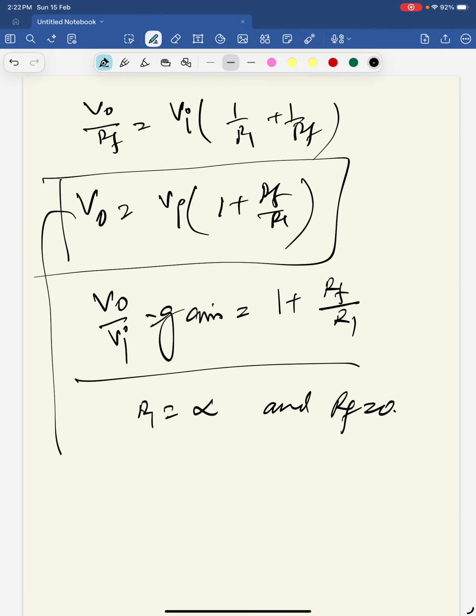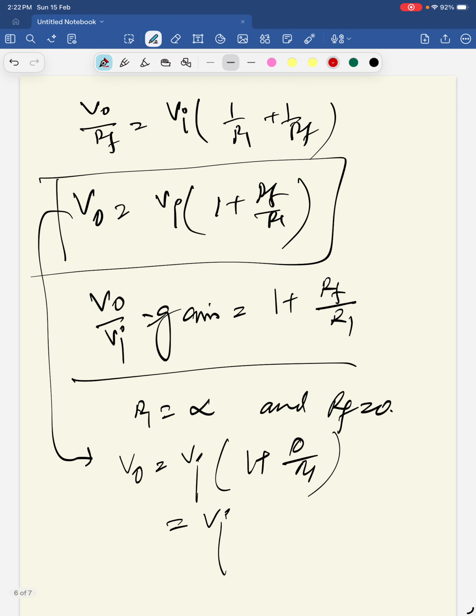So in this expression, V0 is equal to Vi times 1 plus 0 by R1, so it should be Vi. So ultimately what we get is that V0 is equal to Vi.